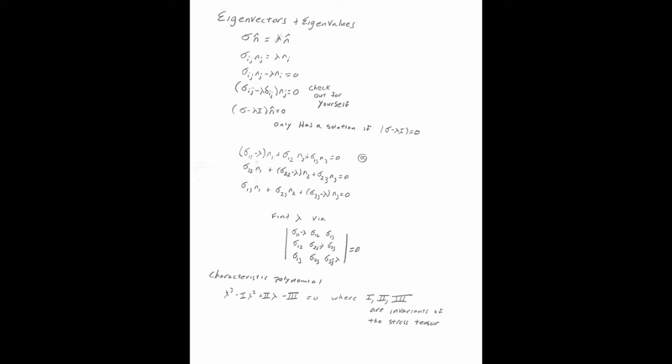You probably learned this even before linear algebra, Algebra 2, I would think, and I guarantee almost everyone's forgotten it. There's a statement that says this has a solution if and only if the determinant of the system is 0. So this determinant has to be 0.